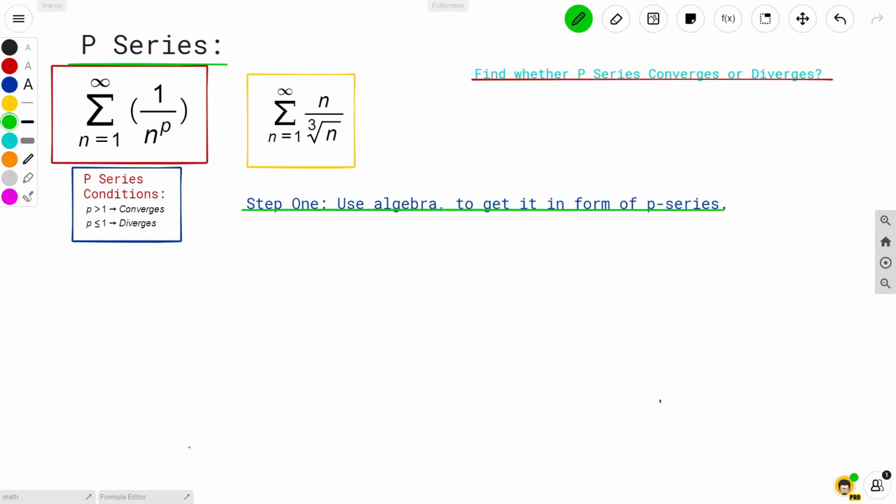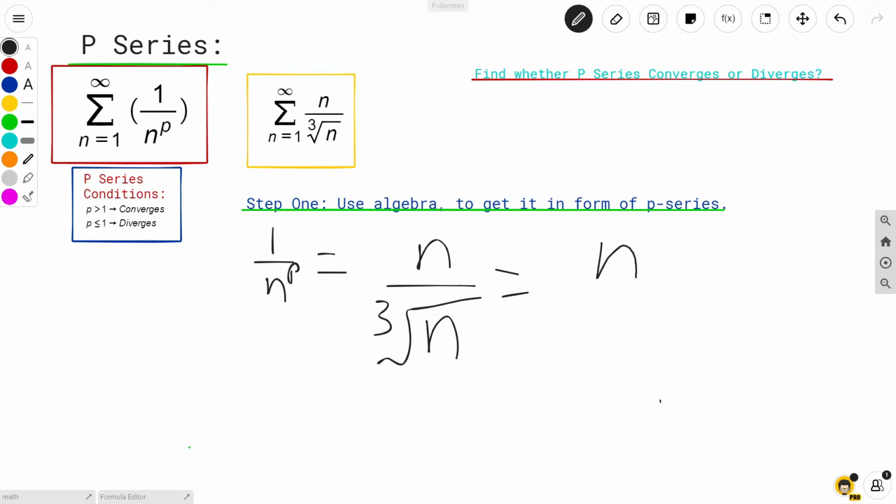Notice how right here we have a function, our 1 over n raised to the p, which is equal to n within the cube root. So first we need to simplify this.